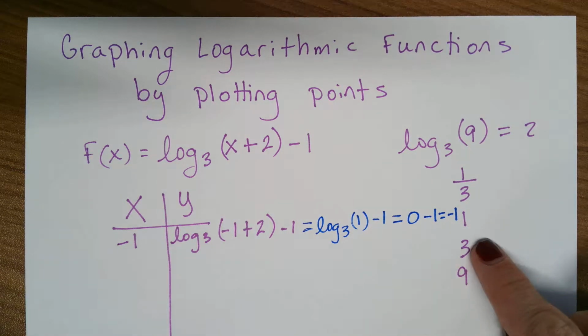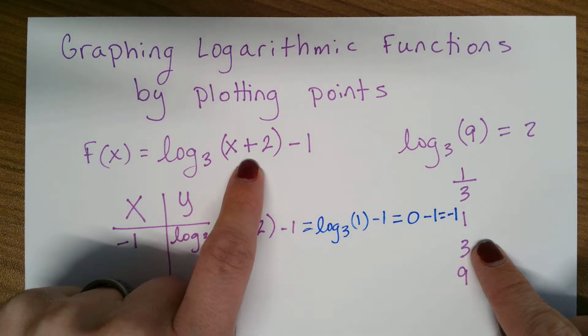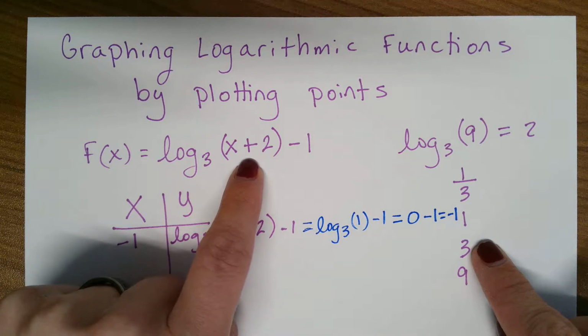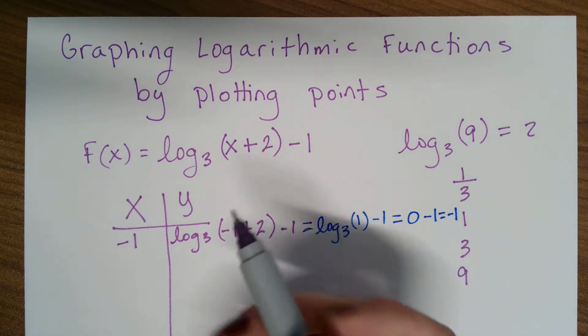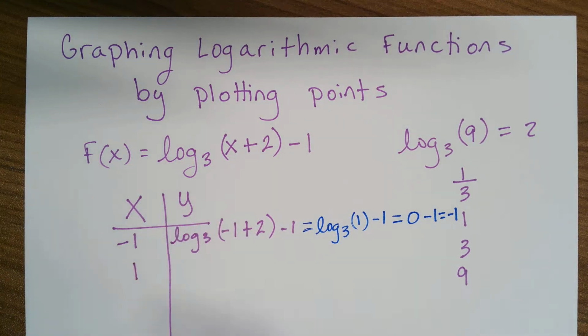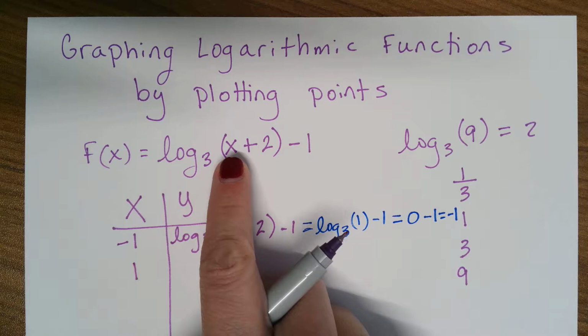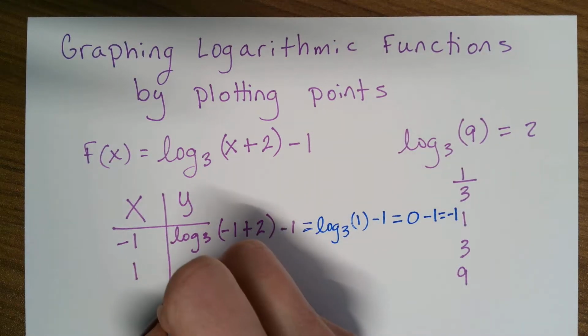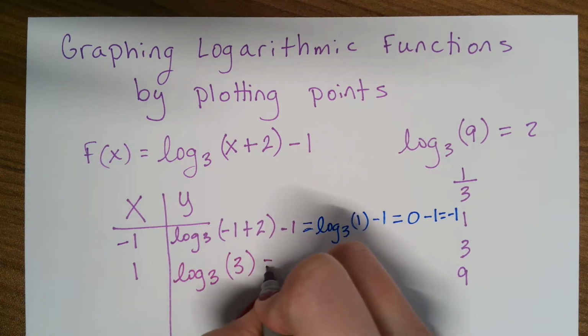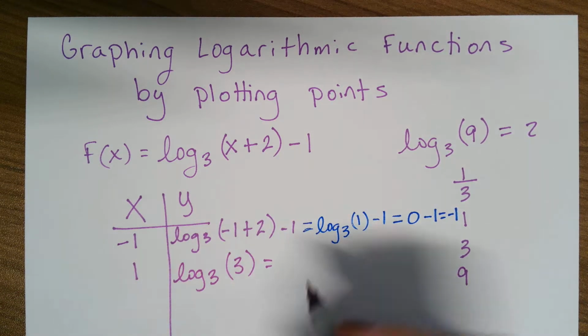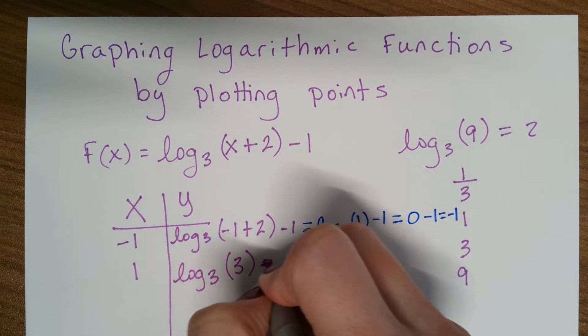Now, let's go to 3. I want the number inside my parentheses to be 3. So what number would x have to be so that I would get 3 inside the parentheses? And the answer is 1. If I plug in 1, then 1 plus 2 gives me 3. So I get log base 3 of 3, minus 1.